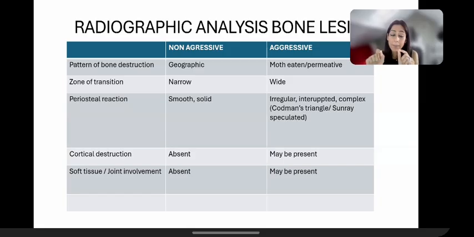Now, interestingly, periosteal reaction. Always keep in mind, periosteal reaction is pathological. I'm not saying it's malignant, but it's pathological. It doesn't happen one day on a Sunday that your bone suddenly decides, oh, hang on, I need a new periosteum. It doesn't happen like that.